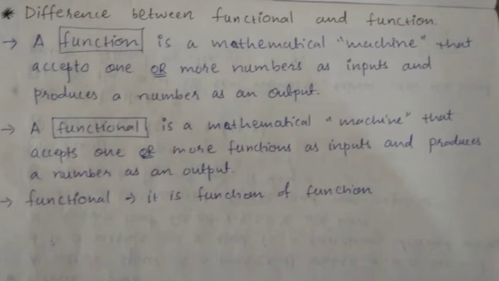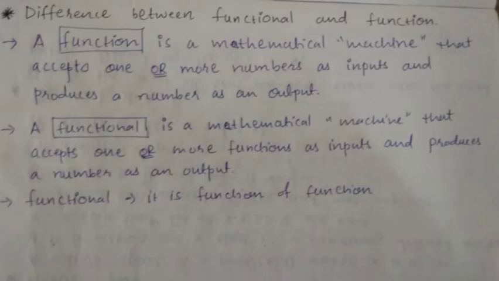So here we have the definition of function, which is one type of mathematical machine that accepts one or more numbers, or you can take alphabets, as an input and produces a number or alphabet as an output. But functional is also one type of mathematical machine, where functional accepts one or more functions as inputs and produces output.